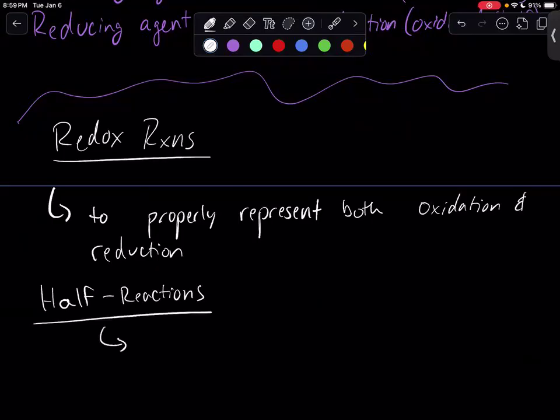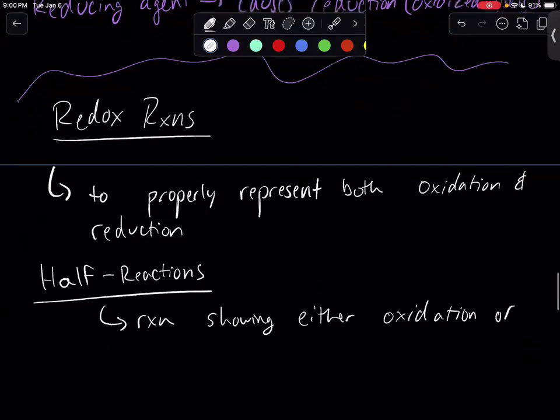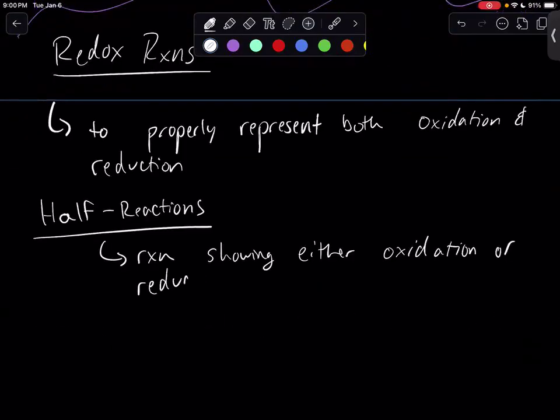A half reaction is simply a reaction showing either oxidation or reduction. And furthermore, we represent transfer of electrons. So we're going to bring those electrons back.